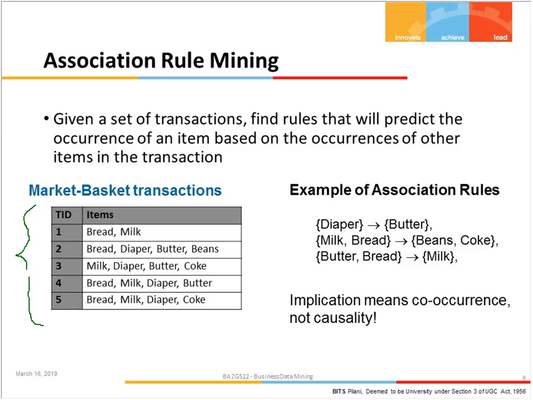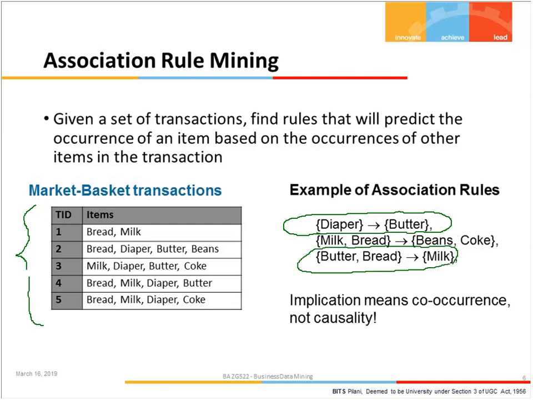So the association rule can take this type of form, saying that the people who buy diaper tend to buy butter, or the people who buy butter and bread also tend to buy milk.